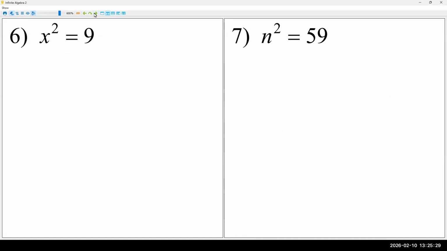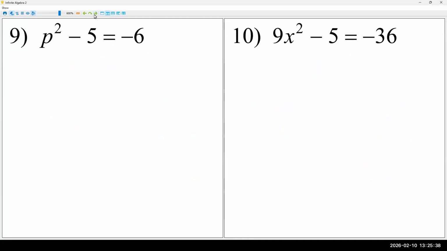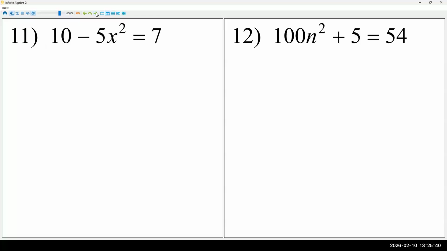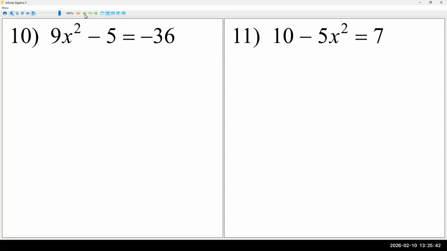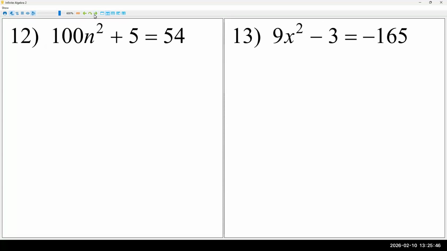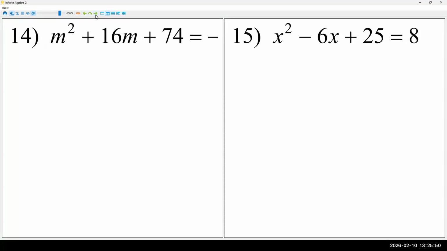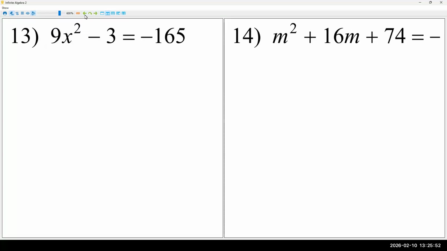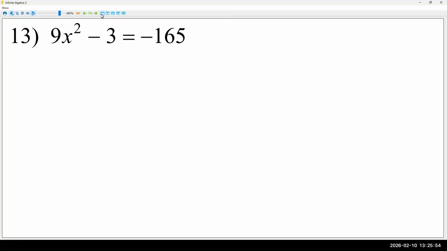And then the next couple look like these. Now I'm going to skip ahead just because 6 and 7 are a little too easy. We'll skip to one of the harder ones. So it should be the very last one on your list.